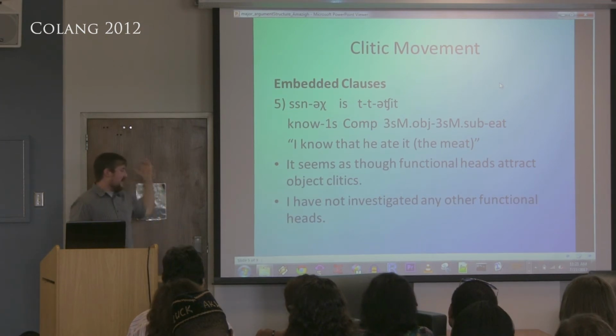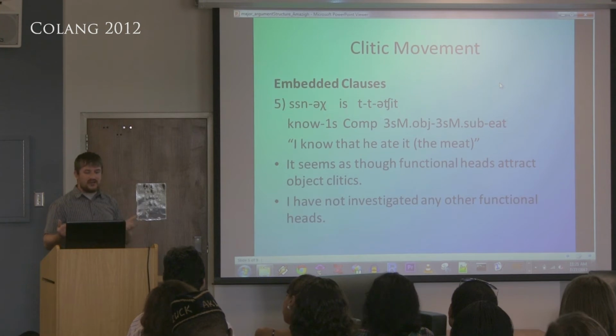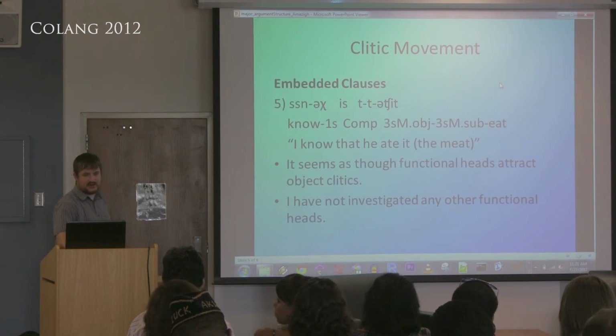I haven't investigated any other types of functional heads, but the two that I have function the same, or have the same outcome.